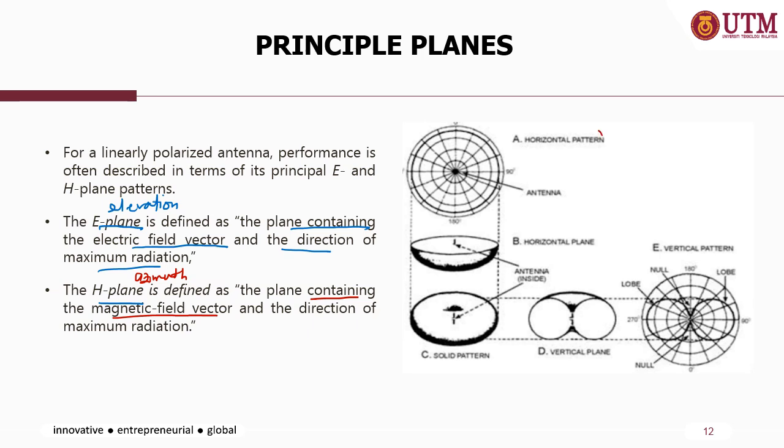So this is the horizontal plane, H-plane or azimuth. This is the 3D pattern. When it is cut at the azimuth plane, or horizontally, you may see a round shape or omnidirectional pattern. If you cut it vertically, you may see a figure 8 in the vertical plane, also called the elevation or E-plane.